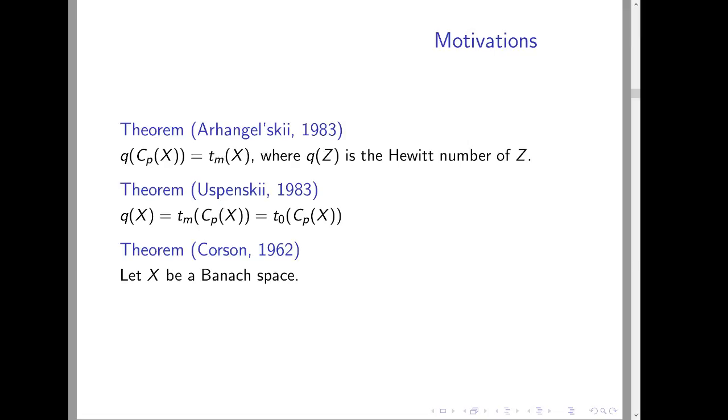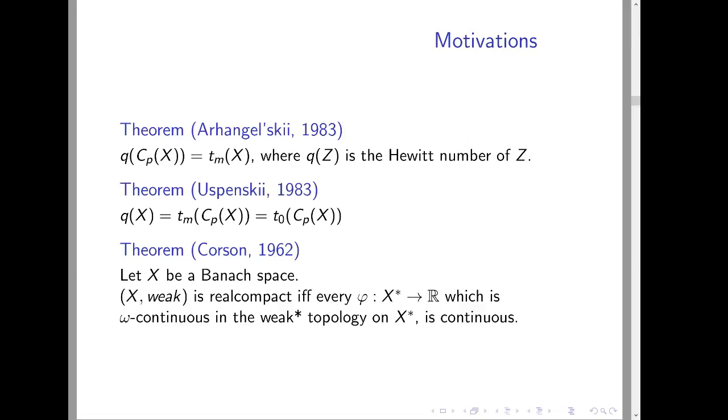So those cardinal invariants t_0 and t_m were introduced by Arkhangelskii, but in fact, this concept of omega-continuity was used much earlier by Corson, who proved that if you have any Banach space, then it is realcompact in the weak topology if and only if every linear functional on this Banach space, which is omega-continuous in the weak-star topology on the dual space, is continuous.